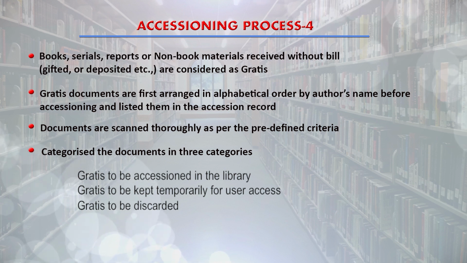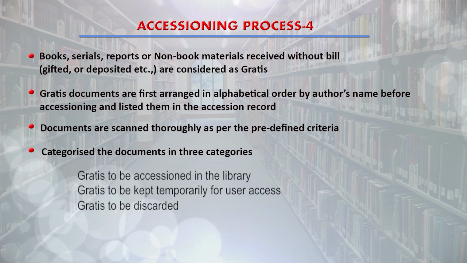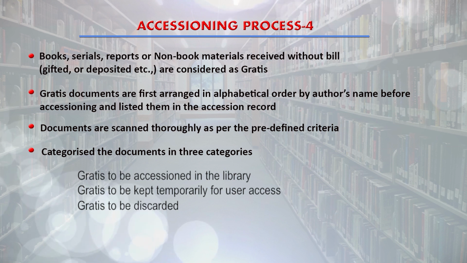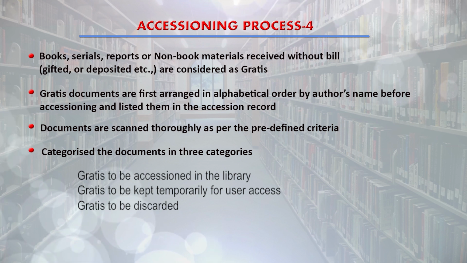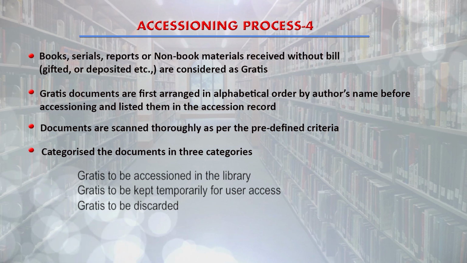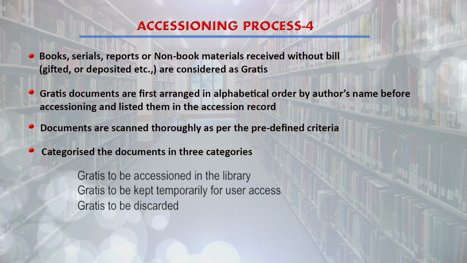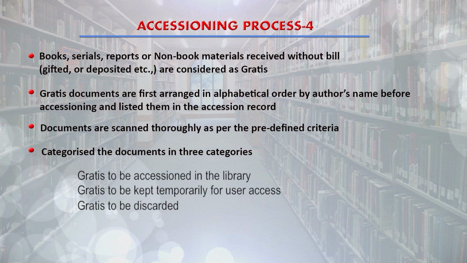What happens in our library is that whenever gratis comes, first of all we have a predefined criteria, seeing the importance of the books, as I mentioned before. Based on those criteria, we choose some books for temporary retaining, some for library collection development, and we reject some books.